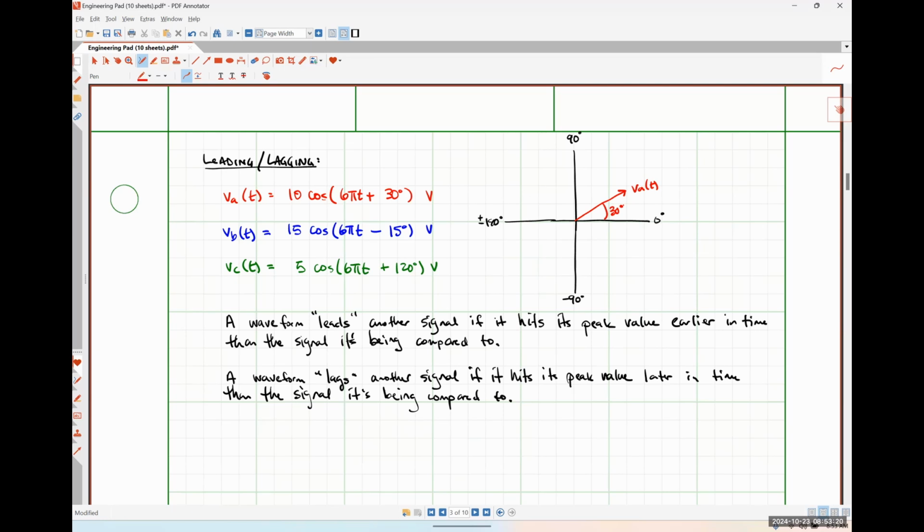What's really important is the phase angle compared to 0 degrees is positive 30. My blue signal, I could represent on a phase diagram like so. And lastly, my green signal would be somewhere over here.